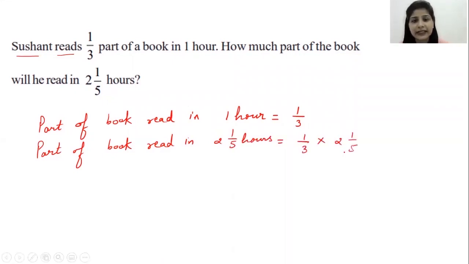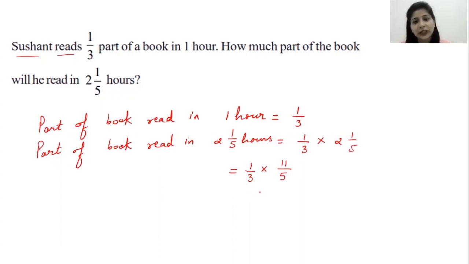How do we multiply such fractions? What are we going to do? We are going to convert the mixed fraction into the improper fraction first. So we will get 1/3 into, 5 into 2 is 10 plus 1, that gives us 11, so 11/5. Now we can easily multiply, as we have learned.